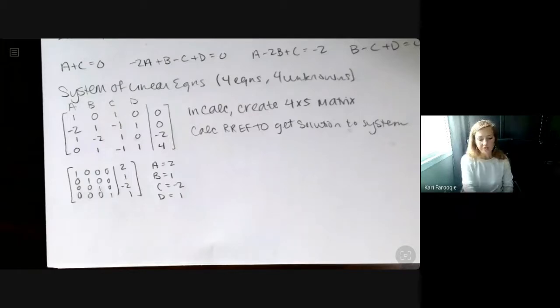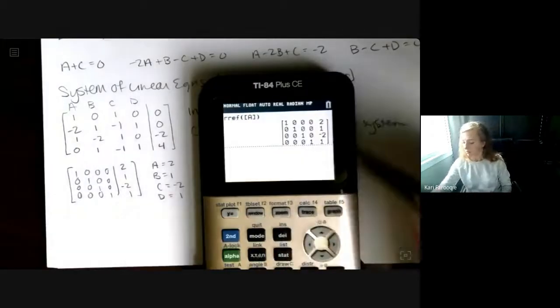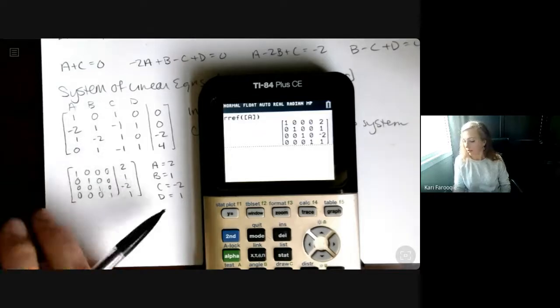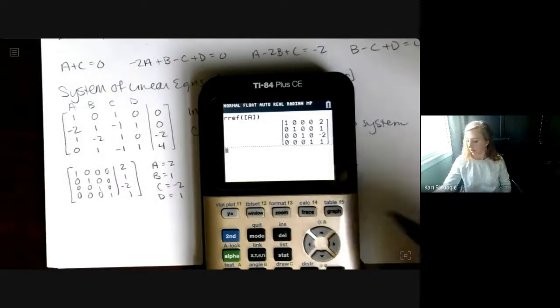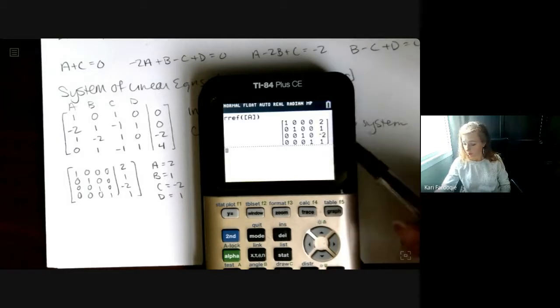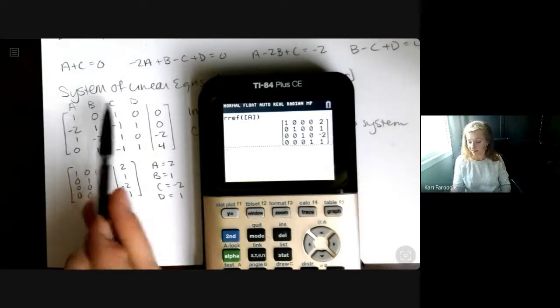When you pop this up, I know that your calculator doesn't give you this vertical bar. That's okay, it's implied. It's still technically an augmented matrix. The values in your rightmost column are going to be the solutions in order A, B, C, D, assuming that's the way you set up your system.